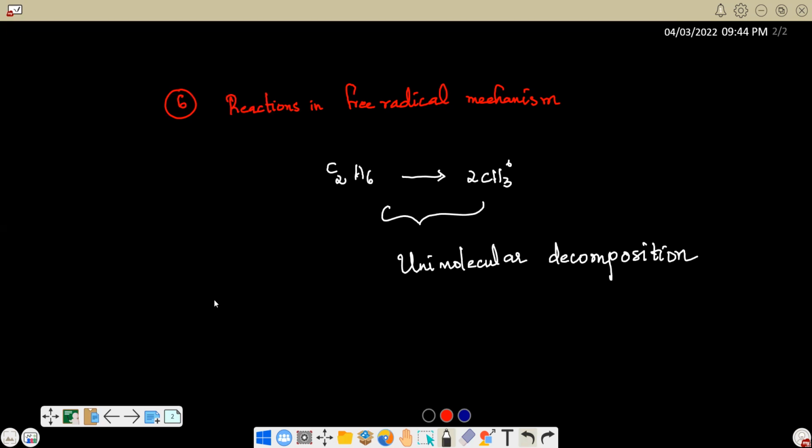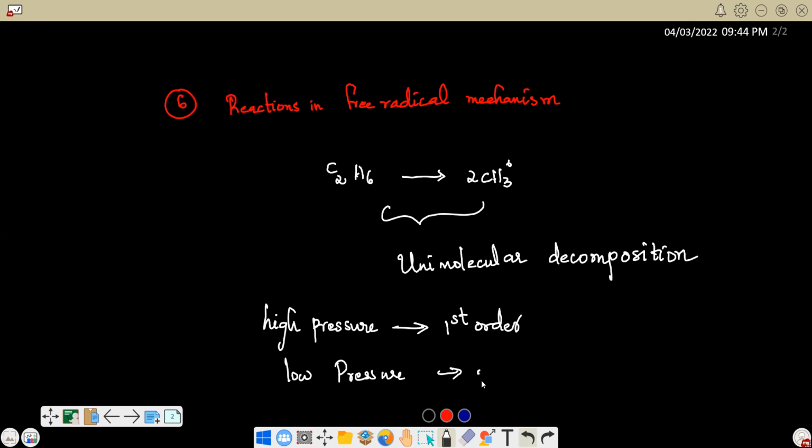This is a very important point which you have to keep in mind. At high pressure, it will be first order, and at low pressure, second order. Okay. So this is all about unimolecular reactions.